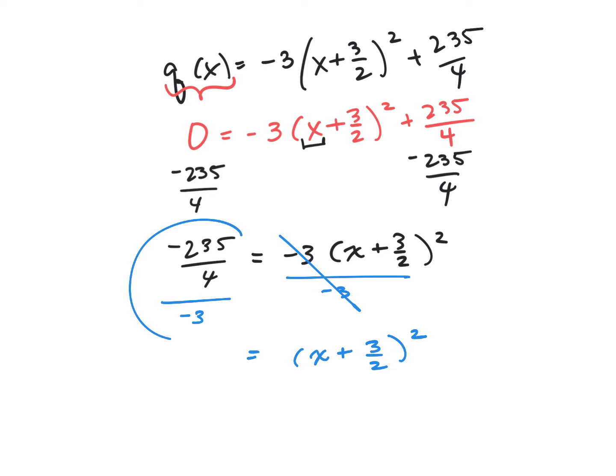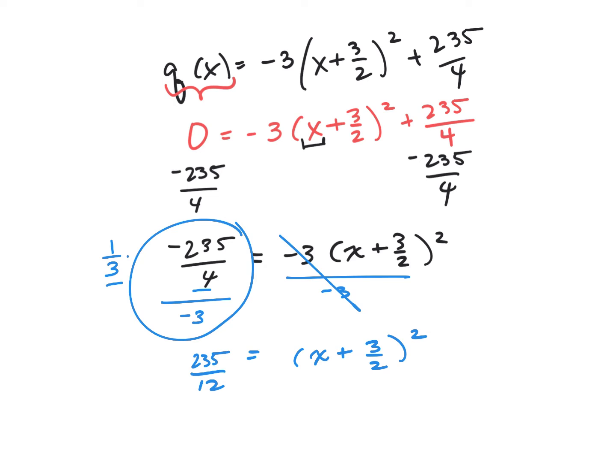On the left side, if we take -235/4 and divide it by -3, we are going to get a positive 235/12, because dividing by 3 is the same thing as multiplying by its reciprocal, 1/3. So 3 times 4 makes that a 12.